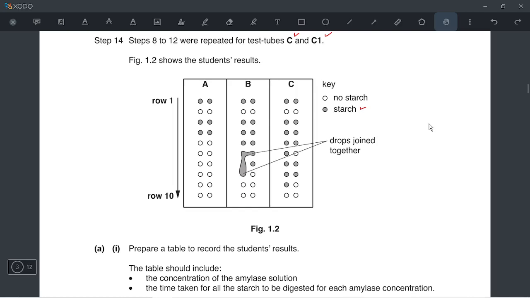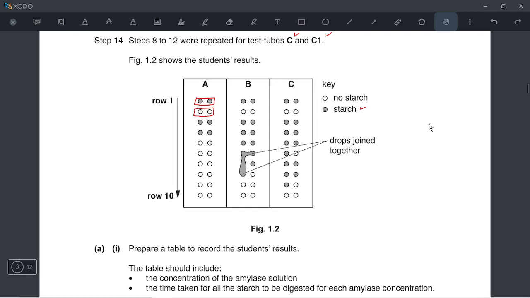There was no starch in row 2, only amylase solution was there, right? So the color will remain light brown. Here for row 1 it will be dark blue, okay.